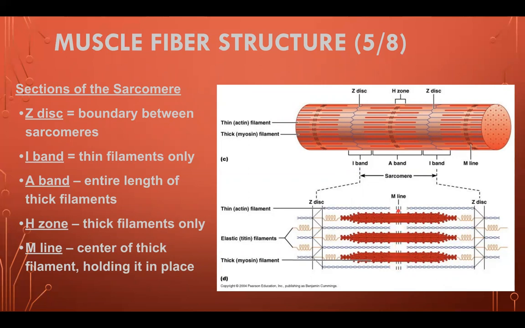And then the M line is the very center of the sarcomere. It helps to hold the myosin in place.